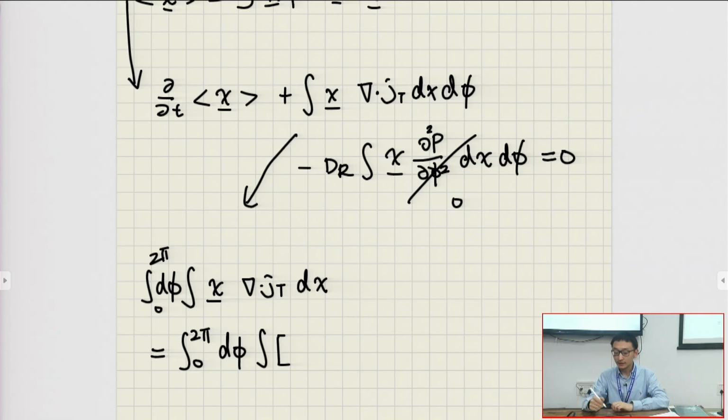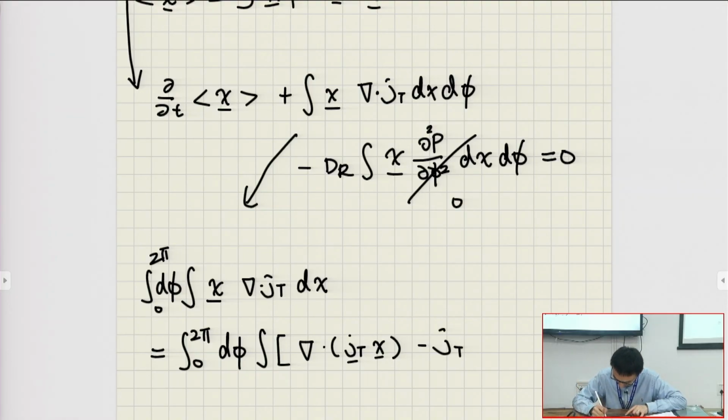I'm going to pull out the gradient in front of the whole product, but then I need to remove the gradient on x. The gradient of x is the identity, so I just need to remove j from the integral.